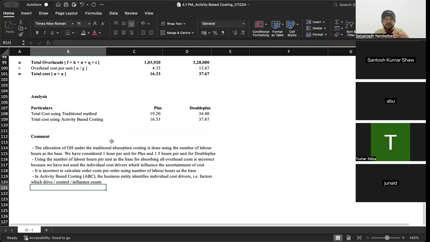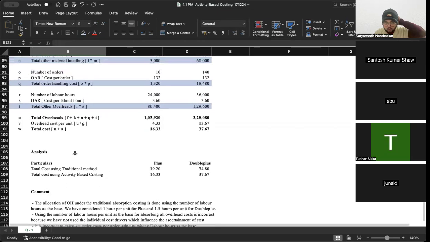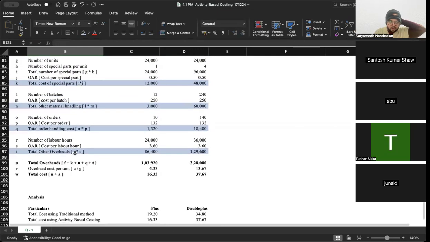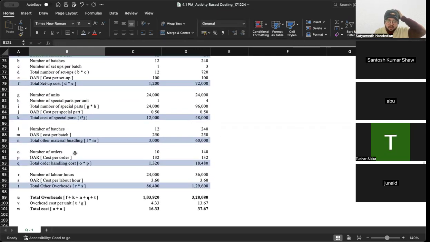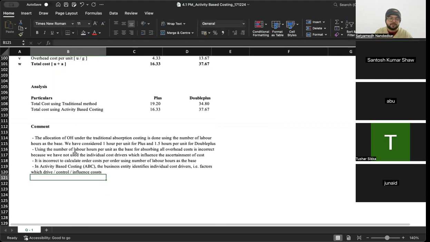Now give one example, but don't give the same example. Don't talk about order handling cost. Talk about, say, the total setup cost.